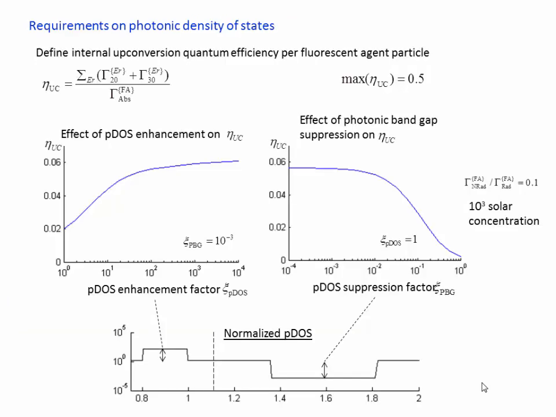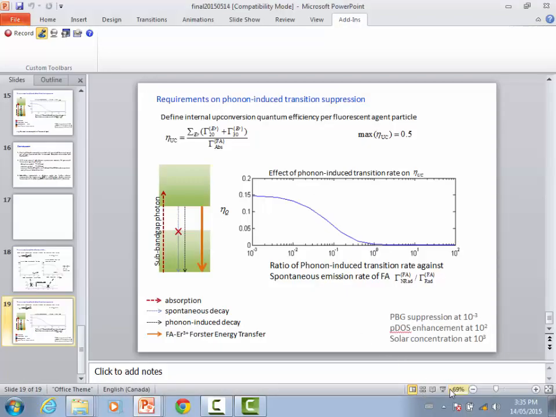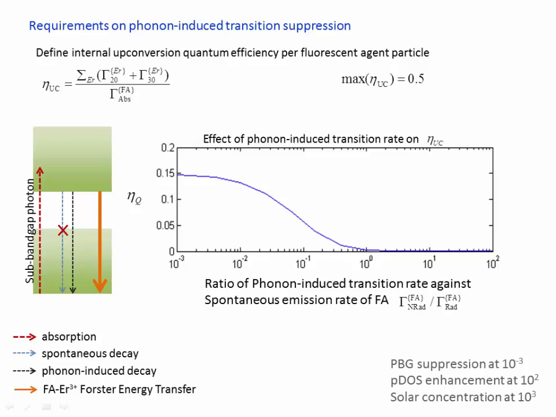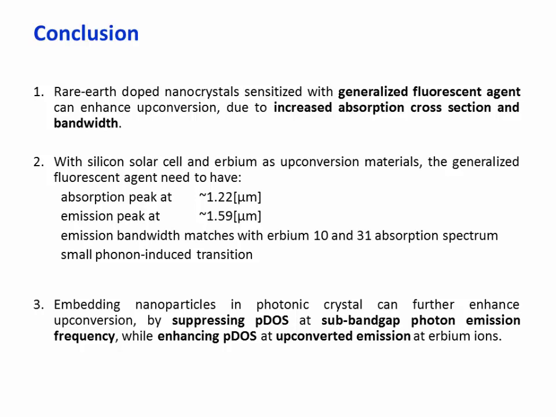So here is the conclusion. We see that with a fluorescent agent, we can enhance the absorption bandwidth and cross-section of the erbium crystal.